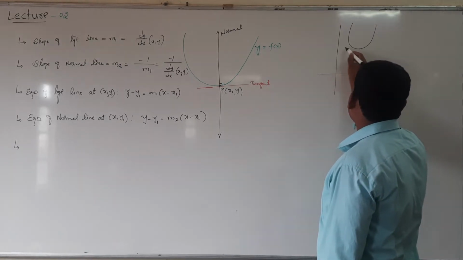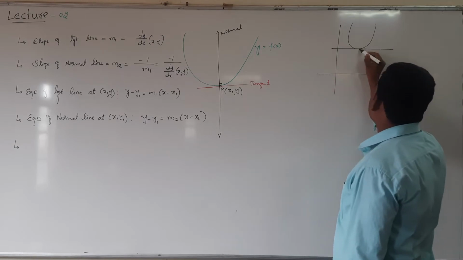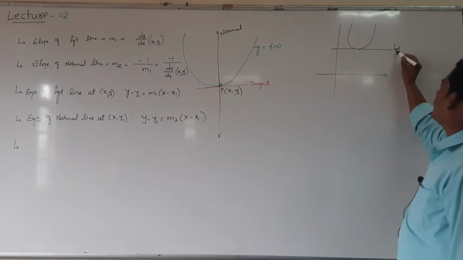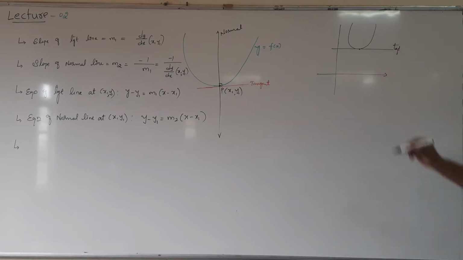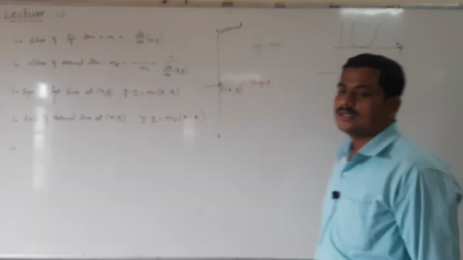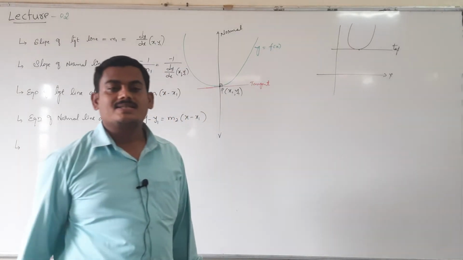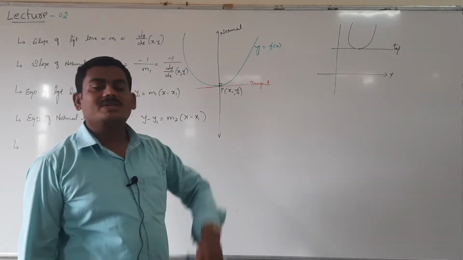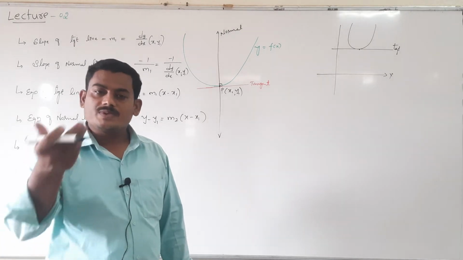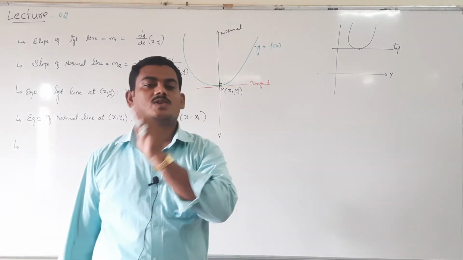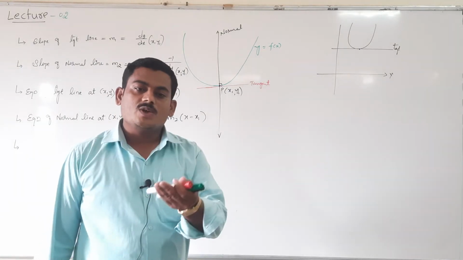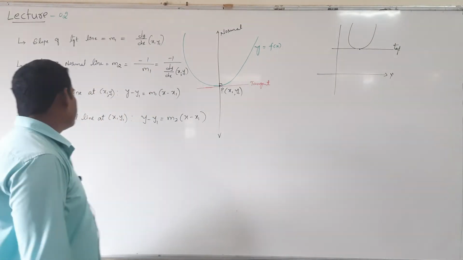If you take the tangent line at this point, this is our tangent. In this case, the tangent is parallel to the x-axis. Then what is the slope of the tangent line? Slope 0 only. Why? Because if a line is parallel to the x-axis, then its slope is 0. Slope 0 means dy by dx is 0.